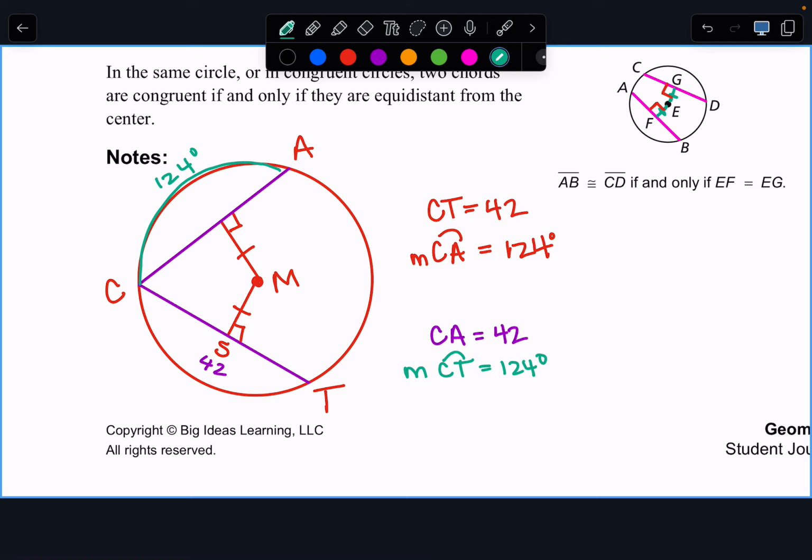Okay, what's true about the measure of arc AT? Then it's 360 minus 240, which is 112. Did I draw it to scale? Probably not, because I just drew some things up here. But if that's their true measurement, that's what it would be.